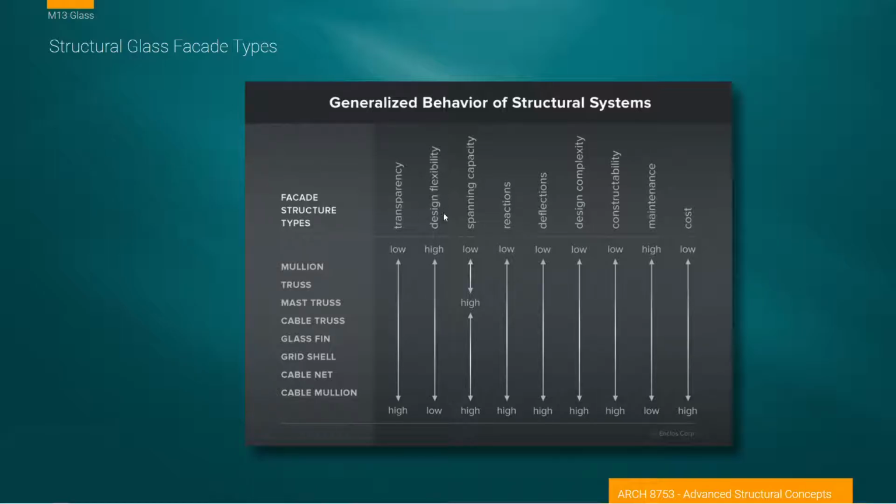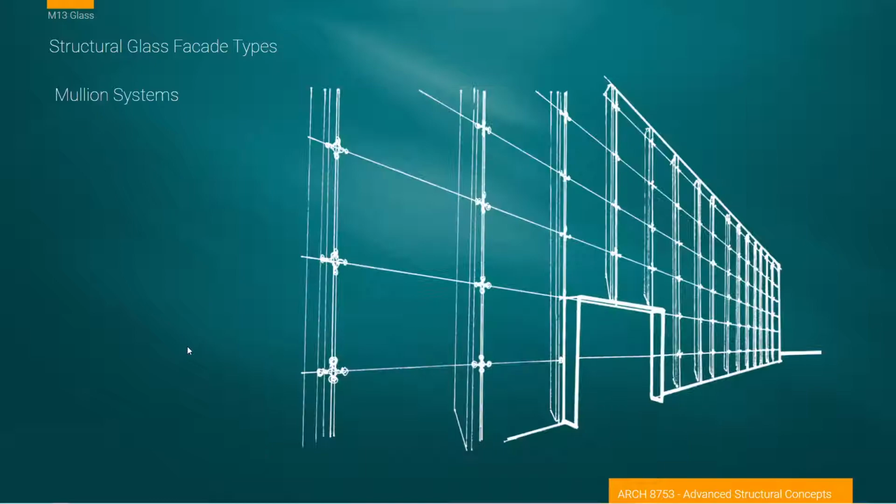Design flexibility, there it is. I'm sorry. So to the top of the scale, that has systems like a cable mullion that has a very high amount of transparency, but also an associated amount of cost, and then surprisingly the least amount of design flexibility. So it's a complicated matrix.